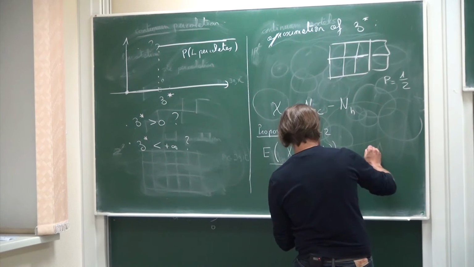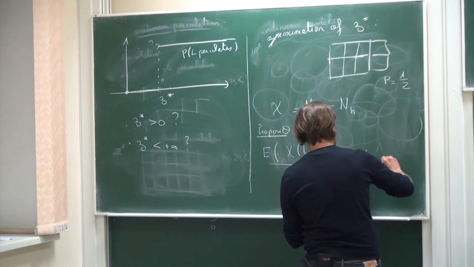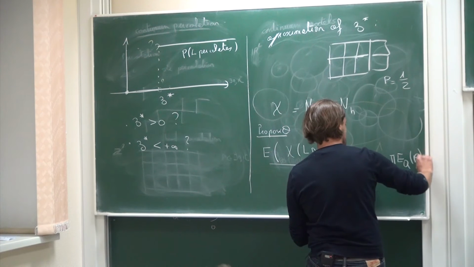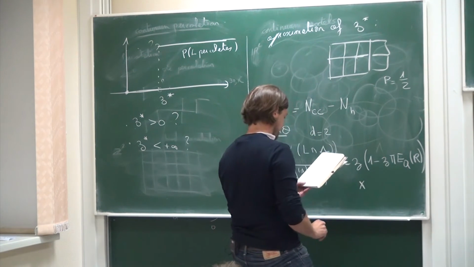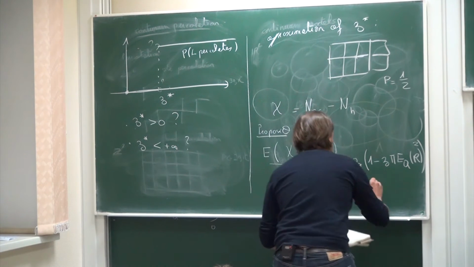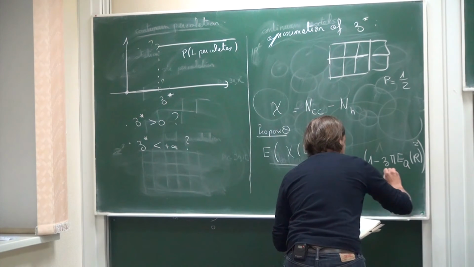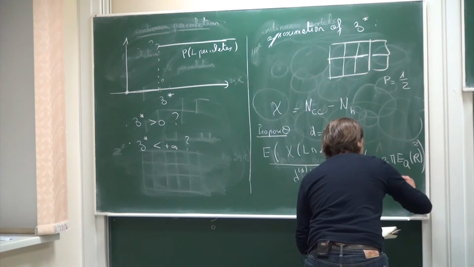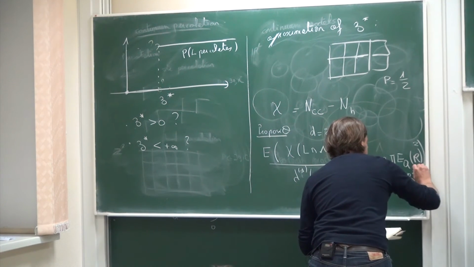It's z times (1 minus z by expectation over q of r) times e squared here, sorry, times exponential minus z pi expectation over q of r squared.